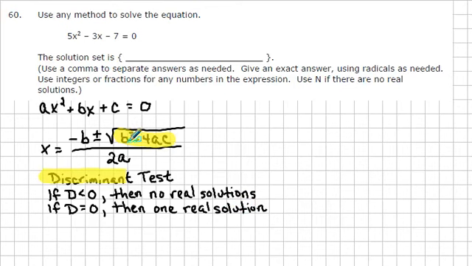If d ends up being a positive number, then we'll be adding and subtracting the square root of that positive number from minus b, and the result will be two different solutions. So if d is greater than 0, then there are two real solutions.